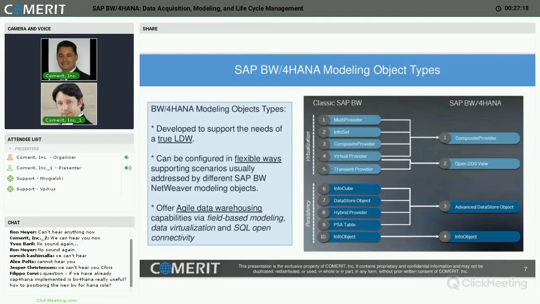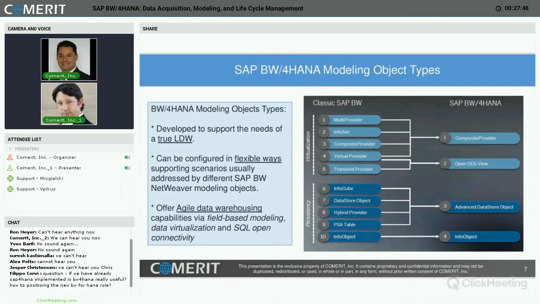So again, the composite provider, if you think about the MultiProvider or InfoSet, is pretty much your semantic layer, your logical layer that combines the 2 sources, and it is the one that you can report on. So the key points here are that you have 4 object types, basically virtualization and persistence, and these are the elements you'll be modeling in BW/4HANA.